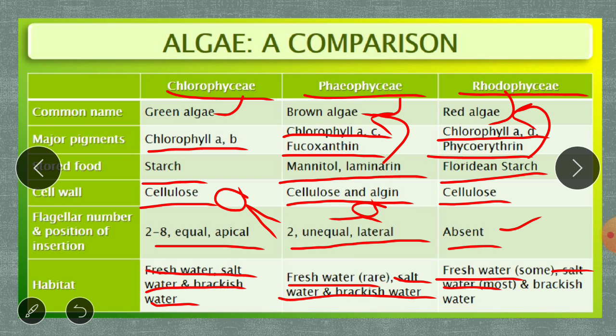So this is going to be a comparative study of the 3 types of algae, that is the Chlorophyceae, Phaeophyceae and Rhodophyceae. I know here new words have come into introduction.